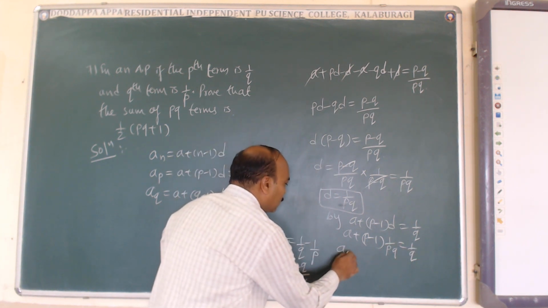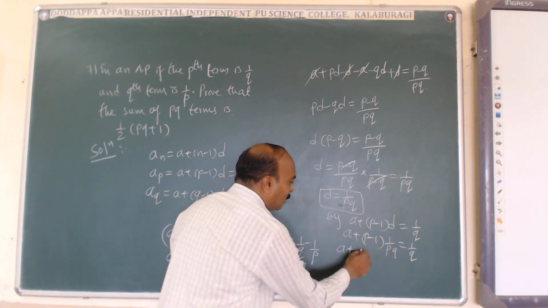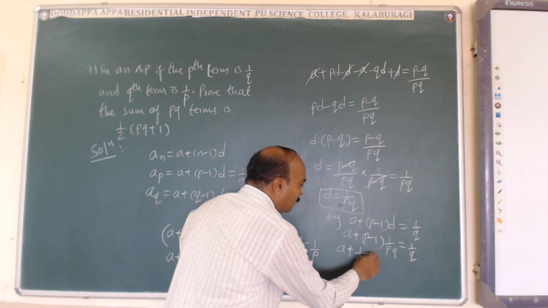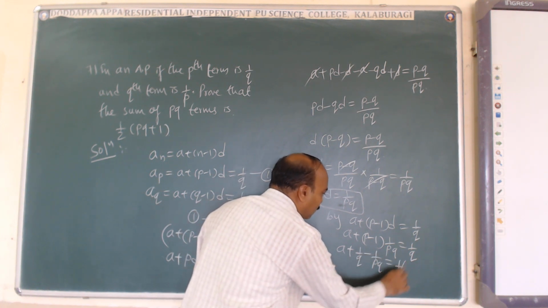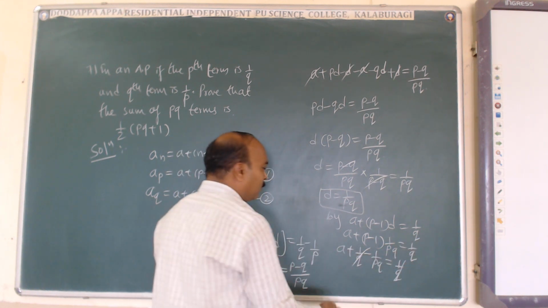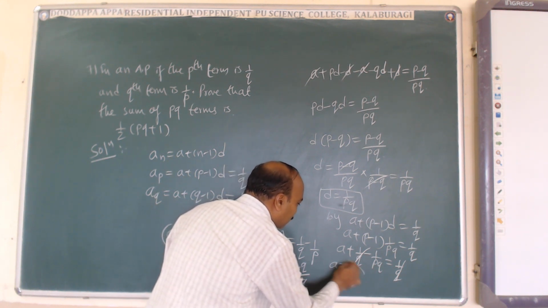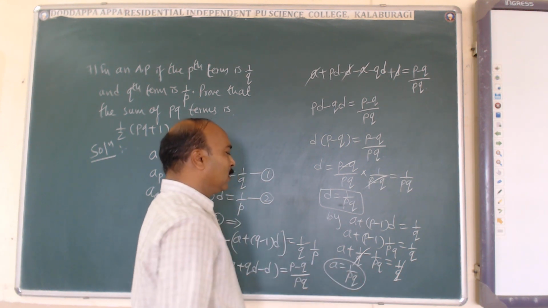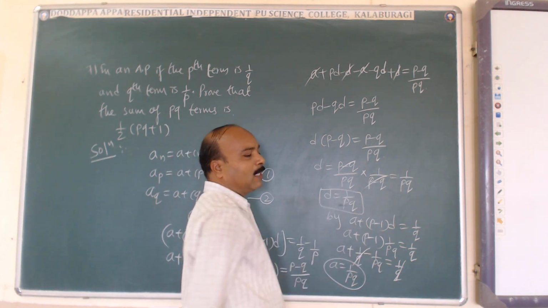Multiply this: a plus p into 1 by pq, p and p cancel. It is 1 by q minus 1 by pq equal to 1 by q. 1 by q, 1 by q cancel. Take this minus 1 by pq to that side. a equals 1 by pq. So we get the a value, it is 1 by pq. The d value is also 1 by pq.